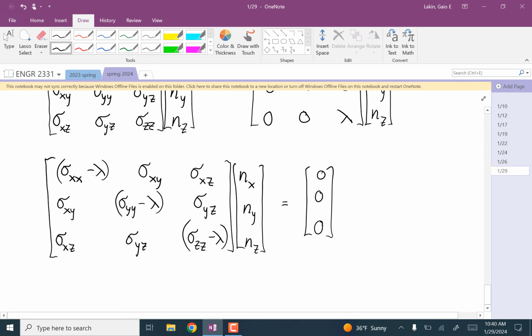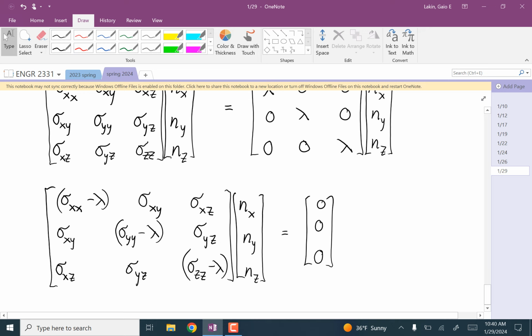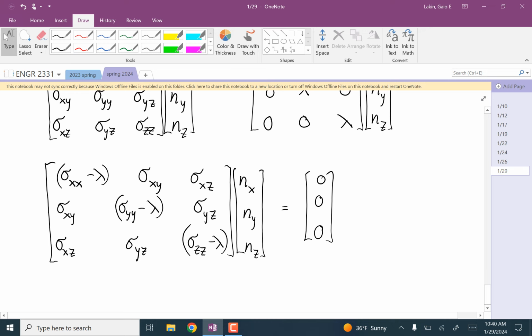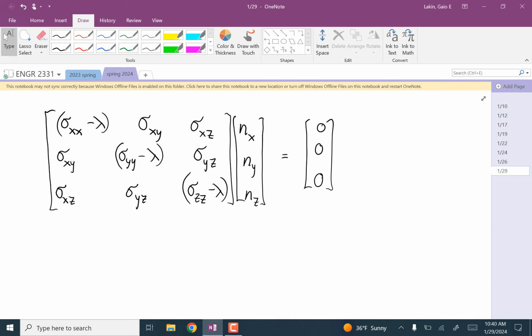Okay, so in order to find a solution to this, that matrix on the left can't be invertible.